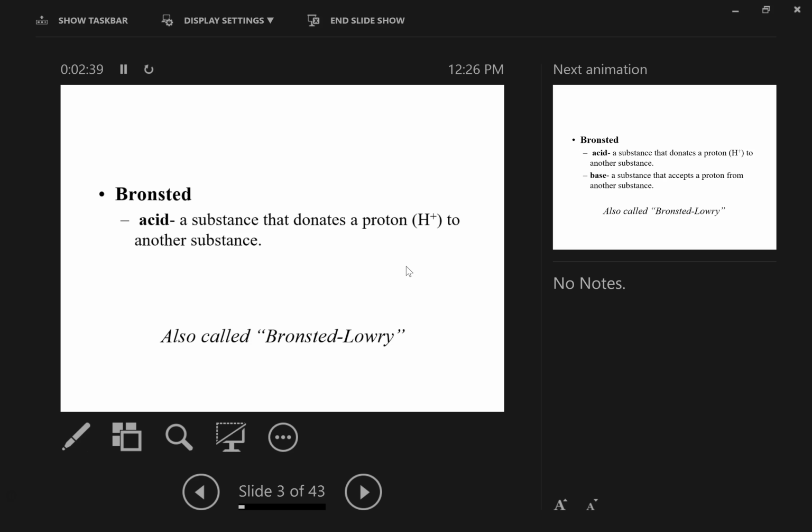If it's neutral, it has 1 electron, right? The most common form of hydrogen has a mass number of 1. Mass number is equal to the number of protons plus the number of neutrons. So if it has a mass number of 1, how many neutrons does it have? None. The most common form of a hydrogen atom has no neutrons in its nucleus.